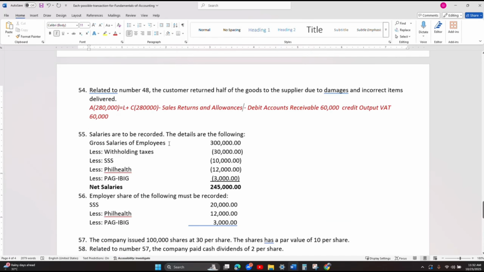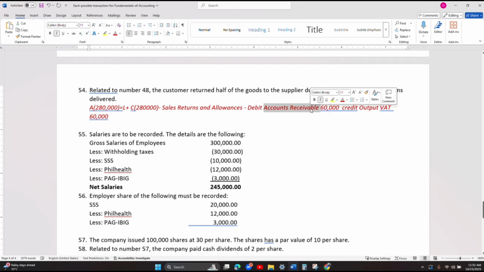Sales returns and allowances, which is, if sales are revenues, these sales returns and allowances are contra revenues. So the normal balance of this one is debit, as if in your mind this is somewhat like an expense. Okay? Which is why in here, in the capital, there is a deduction of 280,000. So what will be the entry if ever?